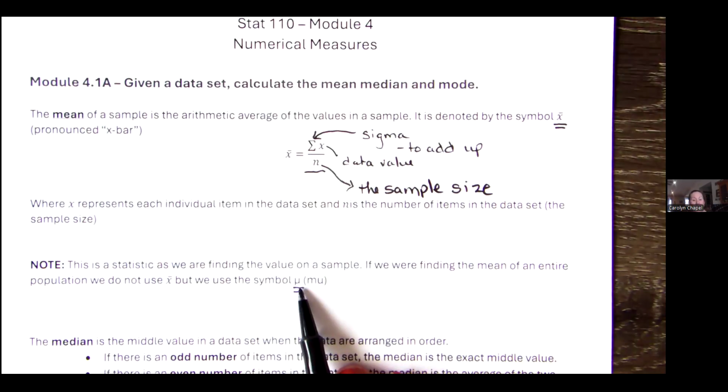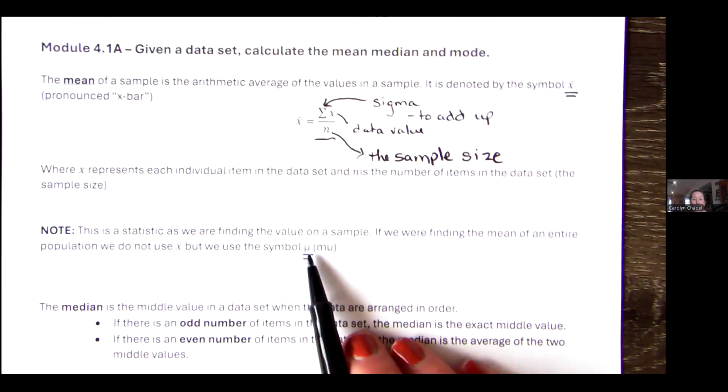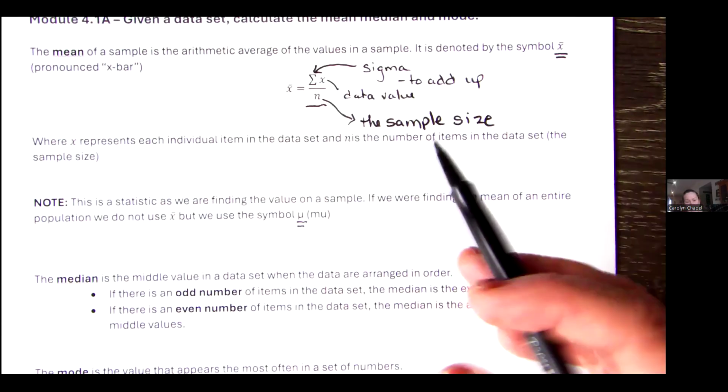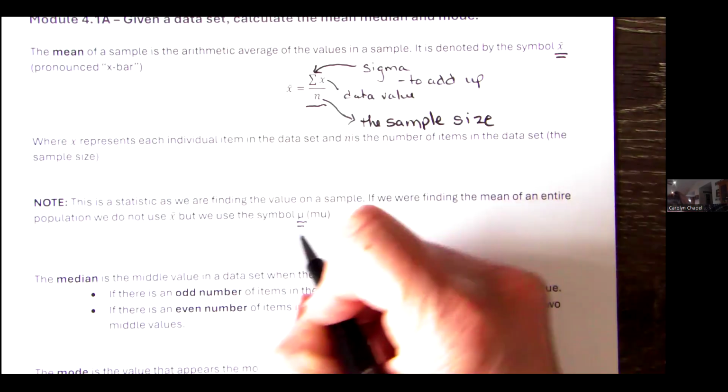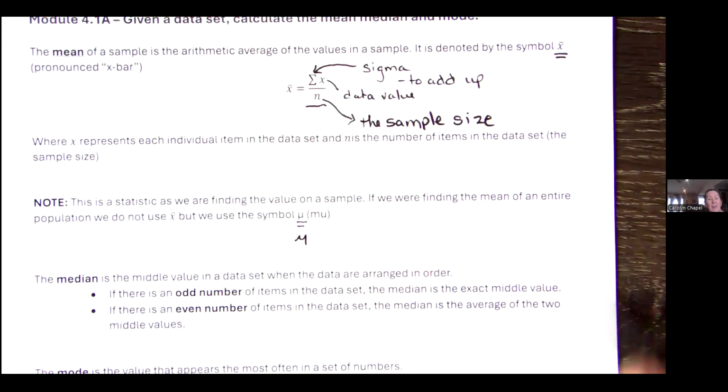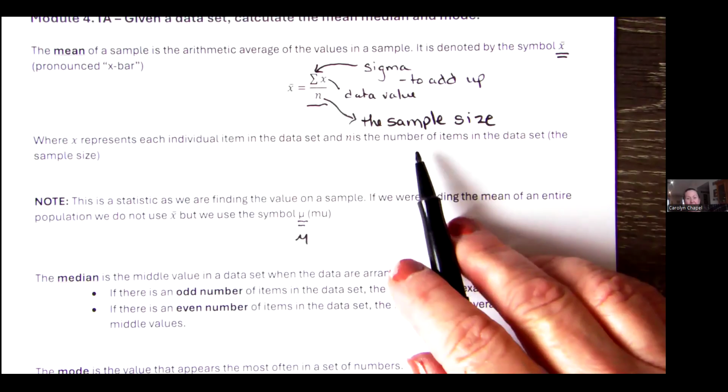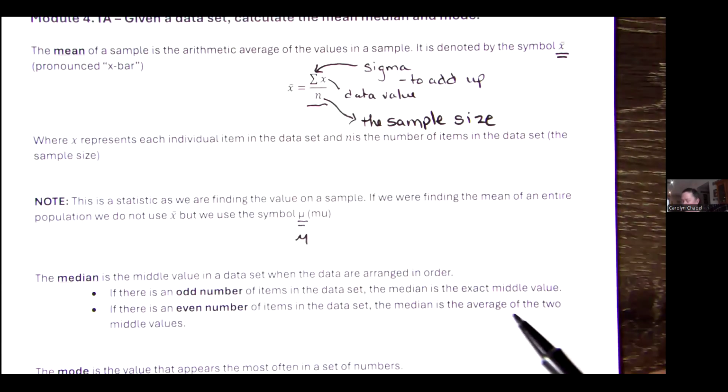We will also see this mu as well. I usually make mine a little bit differently. My mu looks probably backwards from that one, but that's how I make my mu. It is just a Greek letter, so just remember that. So we're going to add up all our data values, divide by however many there are.